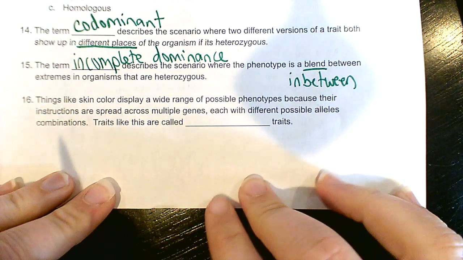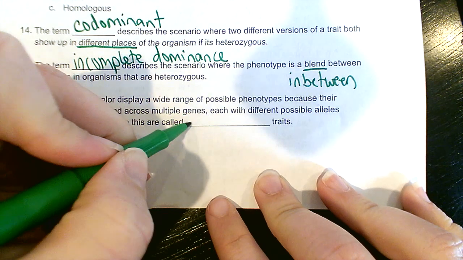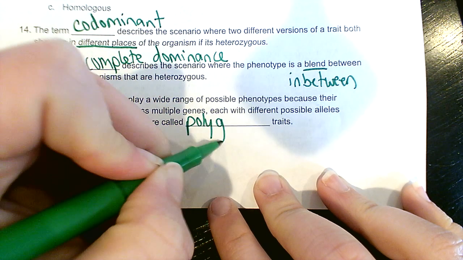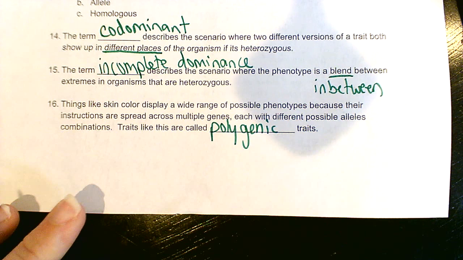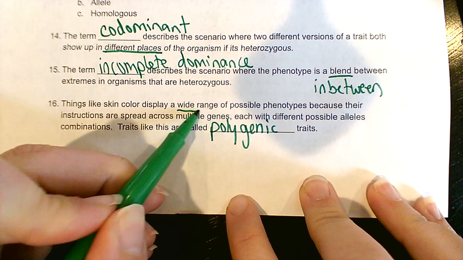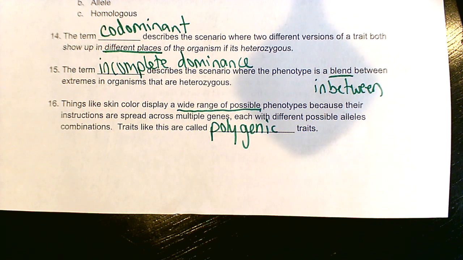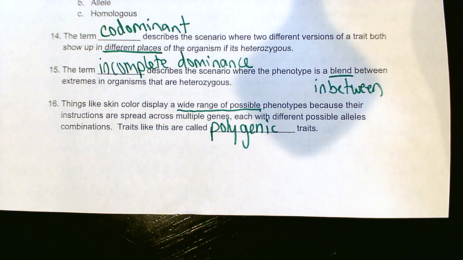Okay, and this word literally means many genes, right? Poly for many, genic for genes. So if you have anything that's described as having a wide range of possible phenotypes, it can have that because we have lots of sets of instructions all kind of contributing a little bit to the final end result.